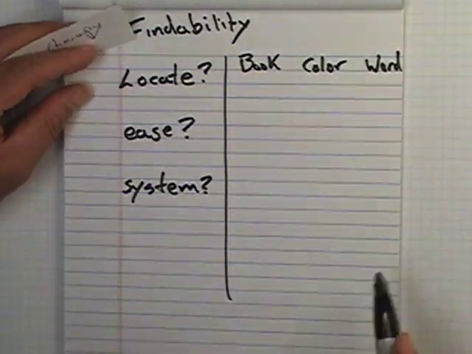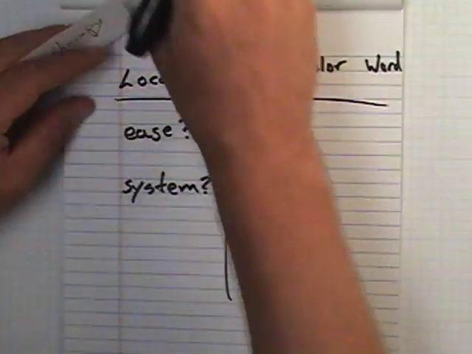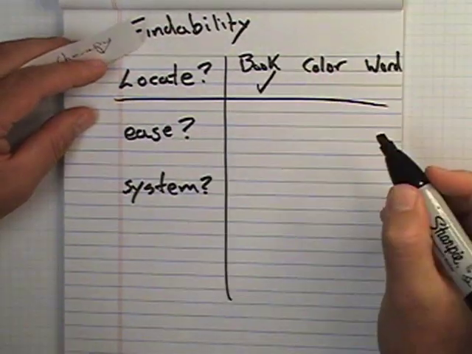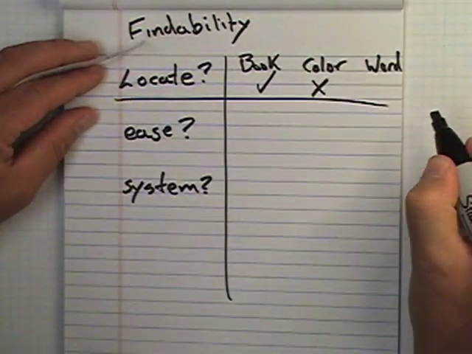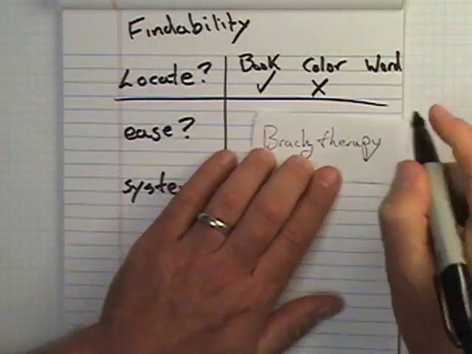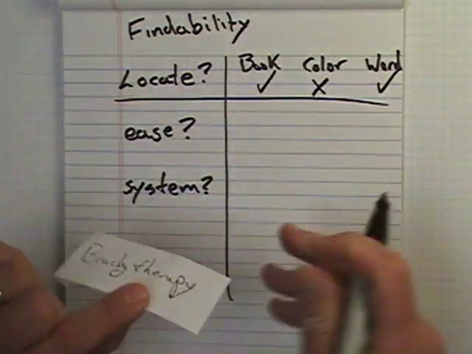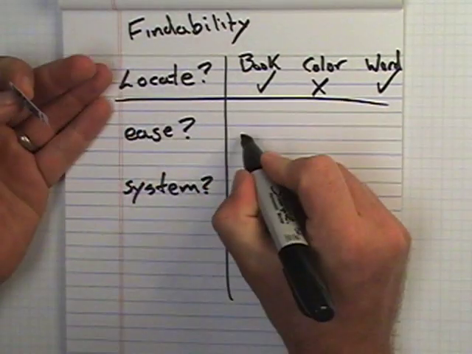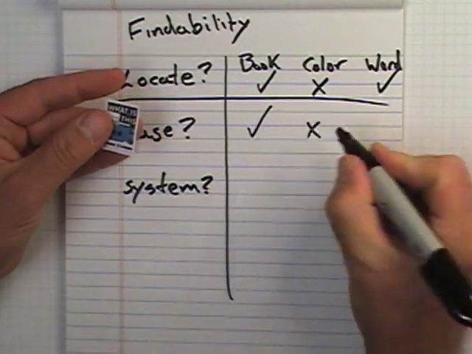You can see, is it locatable? And in the case of these little books, yeah, sure, you can locate them. Color? No. The word brachytherapy? Yes. How easy is it to find these things? The books, so-so. The color, not easy.